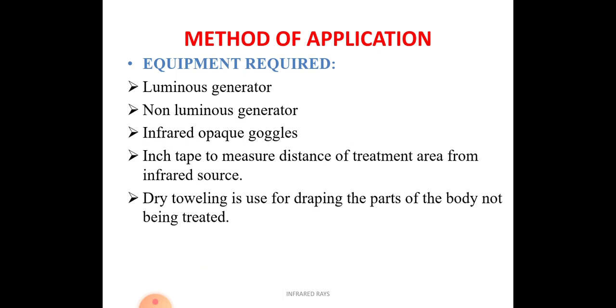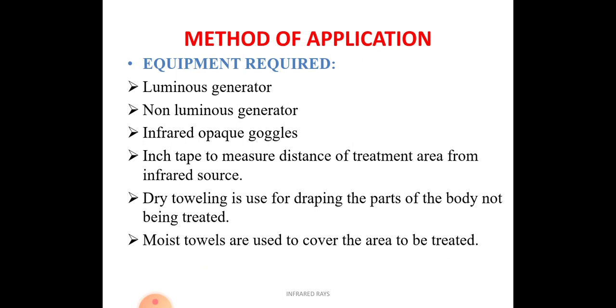And you also need a dry towel to cover the body parts that are not getting treated. You also need moist towels, which are used to cover the area to be treated. If there is excessive heat, many times it is not directly affecting your skin, it is passing through these towels.